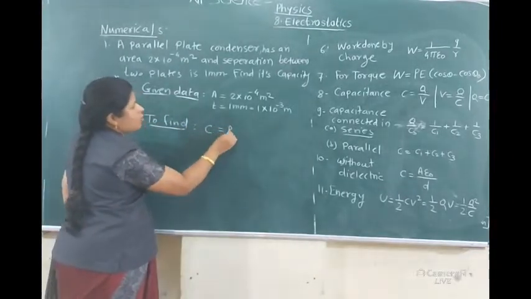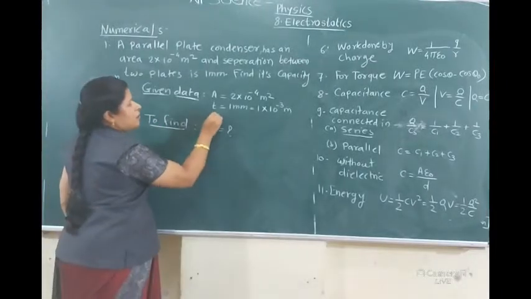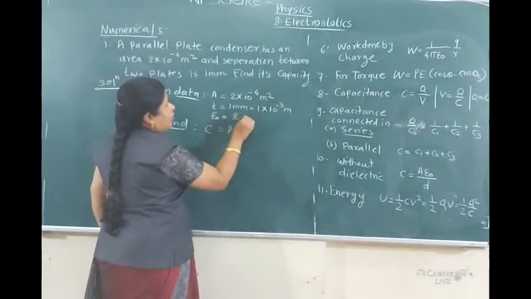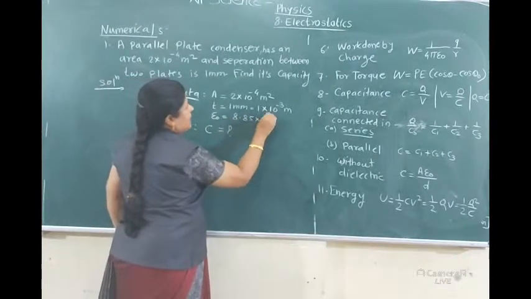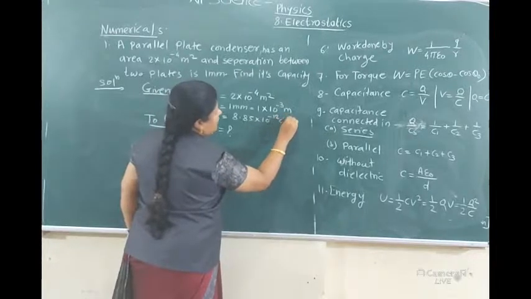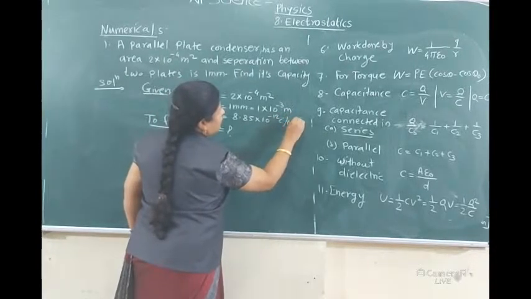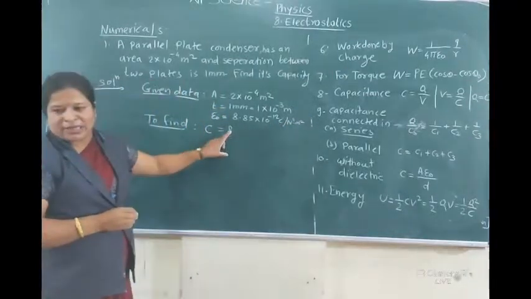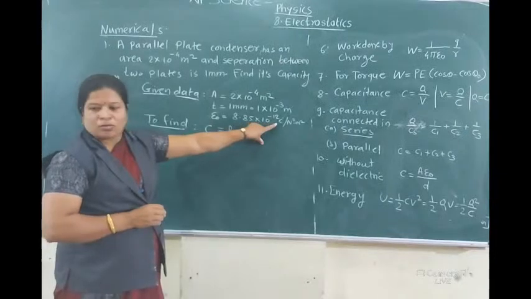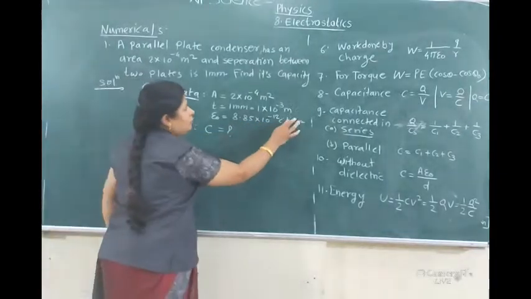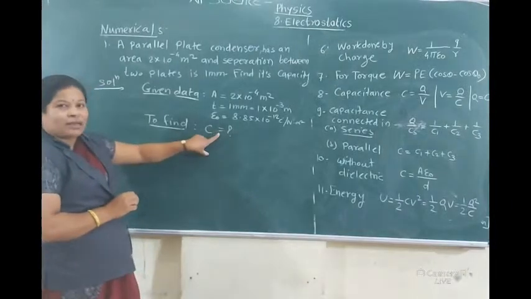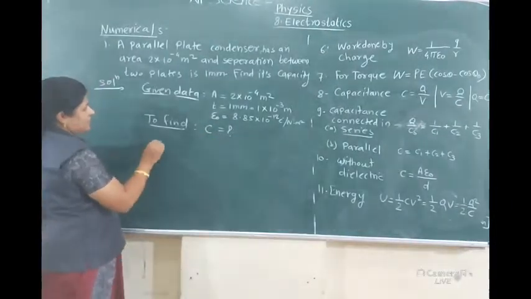C is equal to how much? And the permittivity constant epsilon 0 is equal to 8.85 into 10 raised to minus 12 coulomb square per Newton meter square.